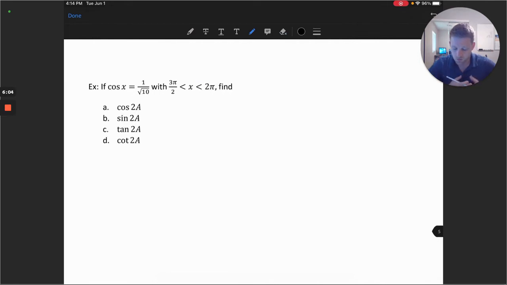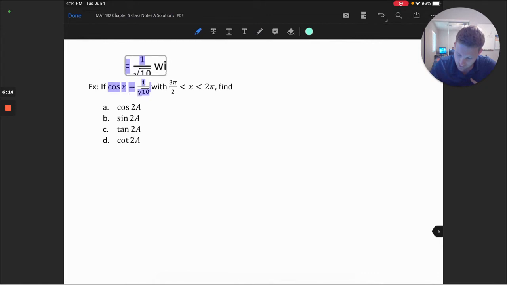All right, so let's consider the next example. This tells us if cosine of x equals 1 over the square root of 10, with x in the interval 3 pi over 2 to 2 pi, we want to find each of these double angles for cosine, sine, tangent, and cotangent.